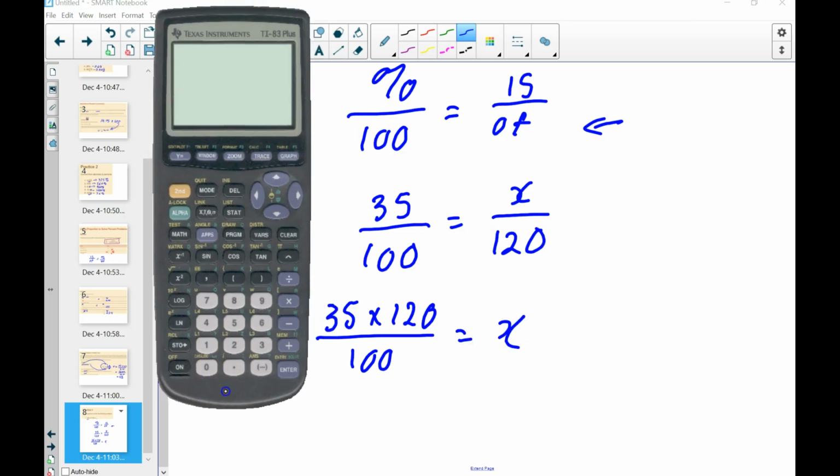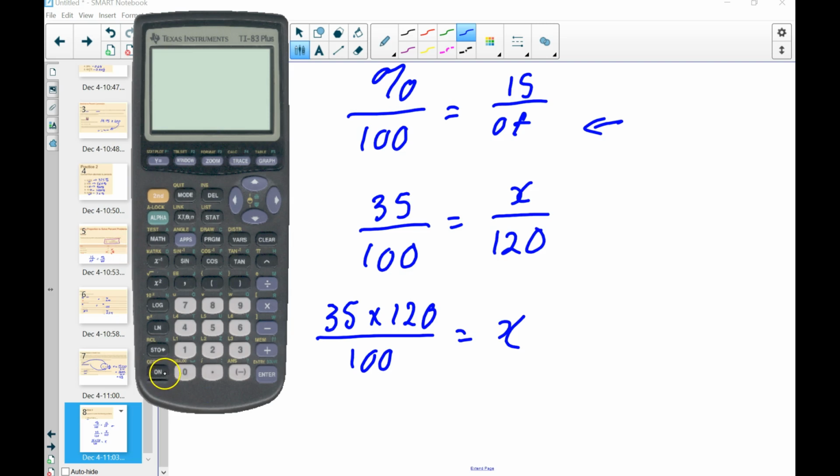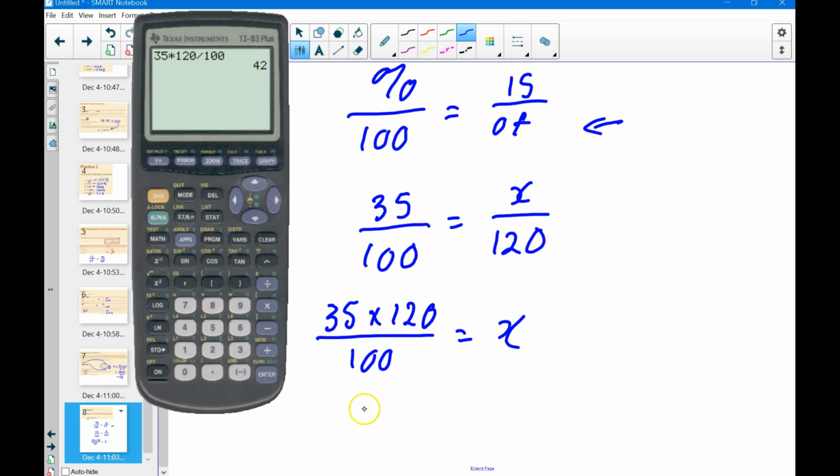So we do this: 35 times 120 divided by 100 equals 42. So our x is 42.